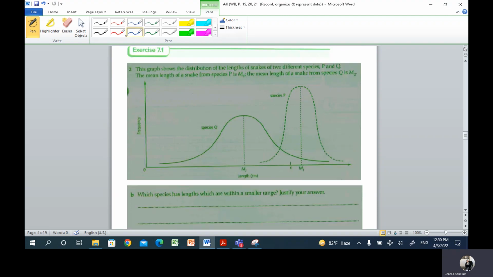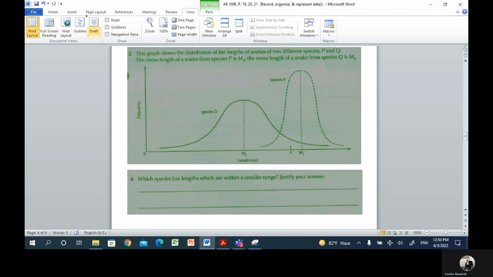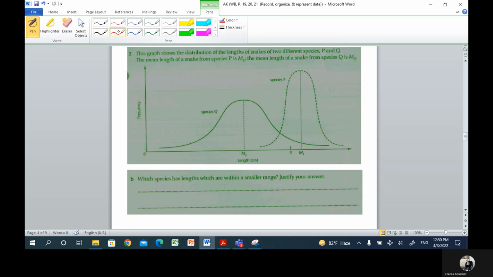As you can see, species P, if you look here, the distribution is not spread out, while here in species Q, the distribution is more spread out.